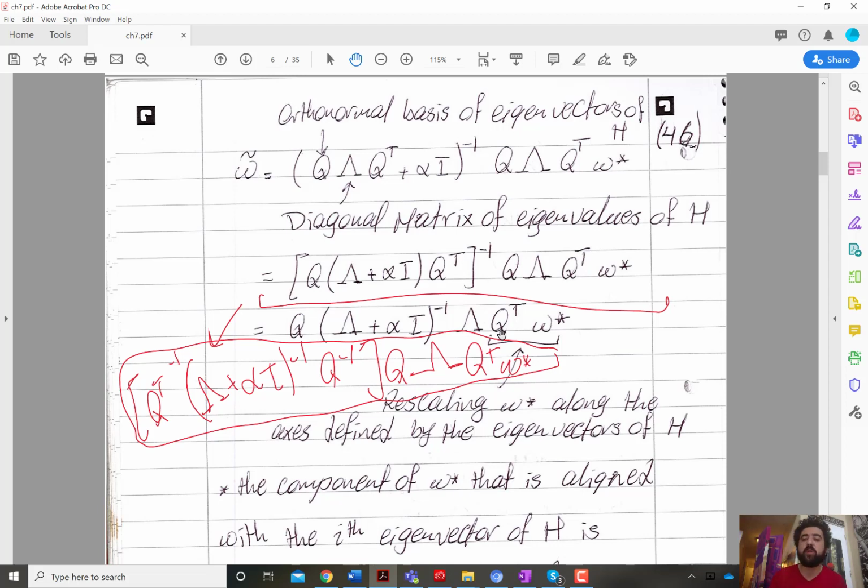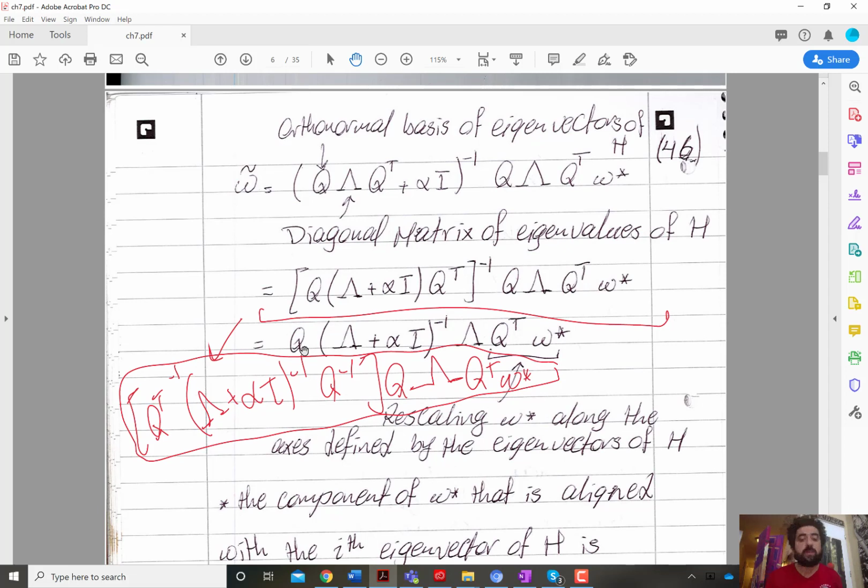So first I project omega star in the new space that is defined by H. And H, remember, is the Hessian with respect to omega evaluated at the unregularized minimum. Next time we will dig into more details on this expression and see the interpretation of the optimal solution obtained by L2 regularization in light of this approximation. Thank you.